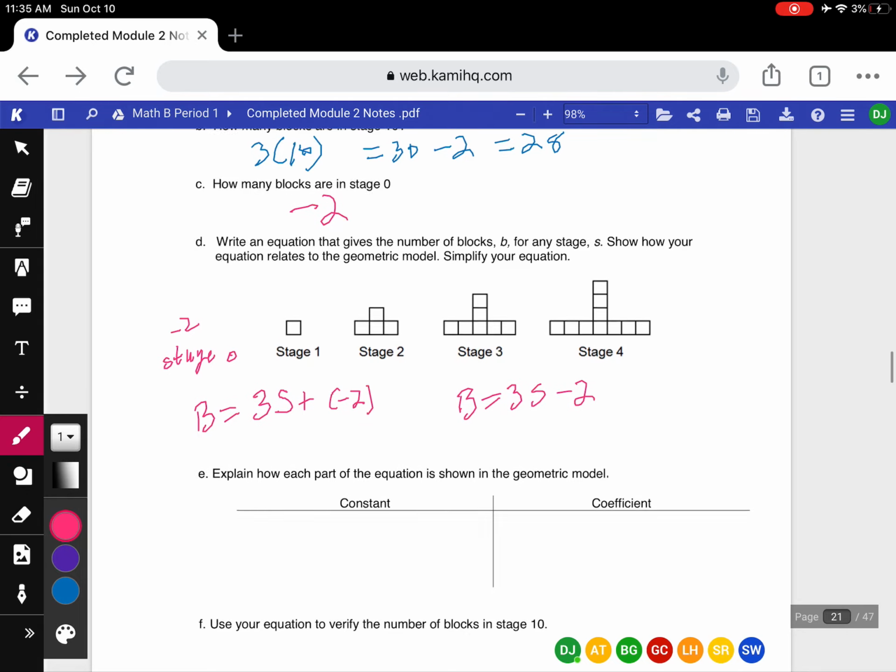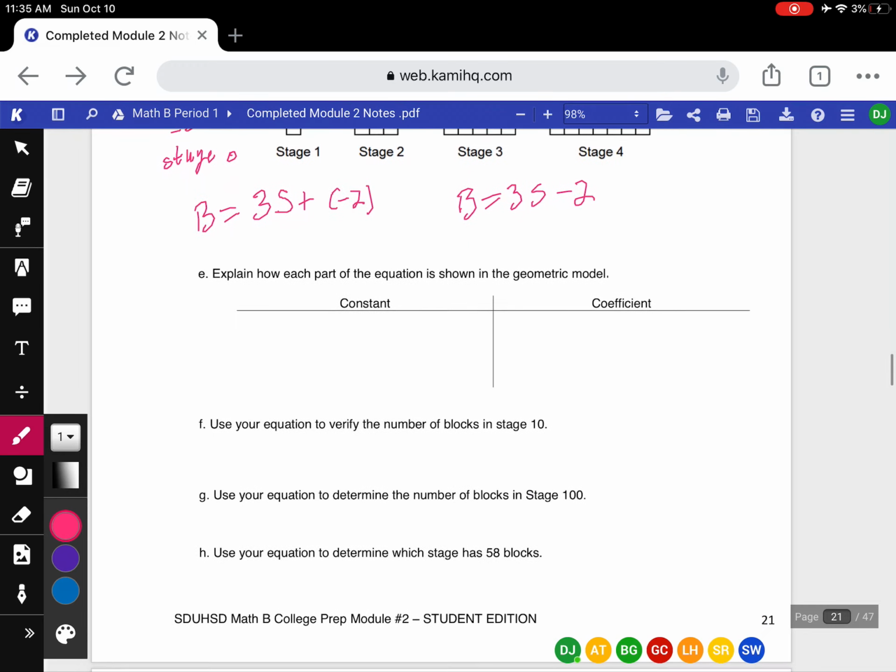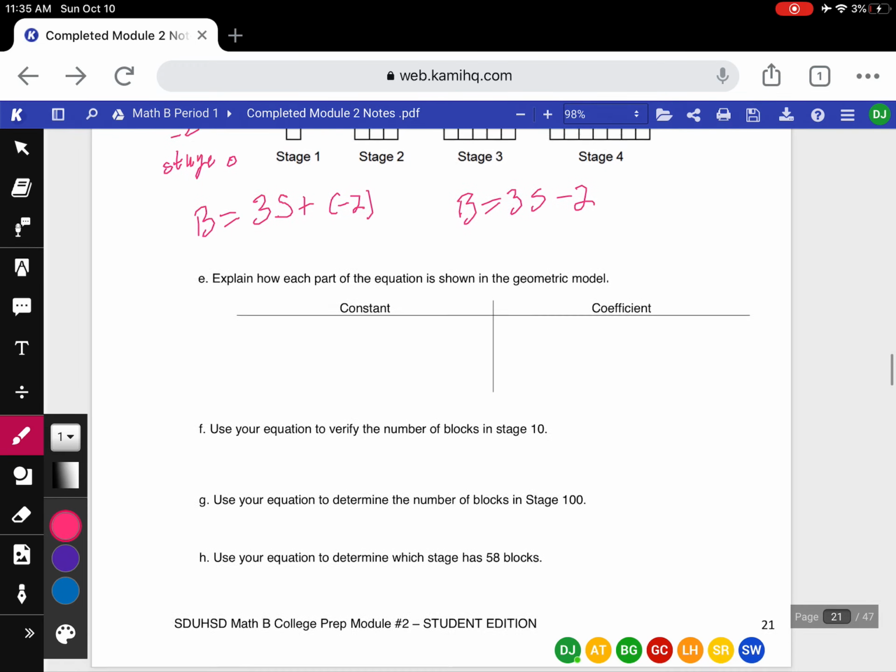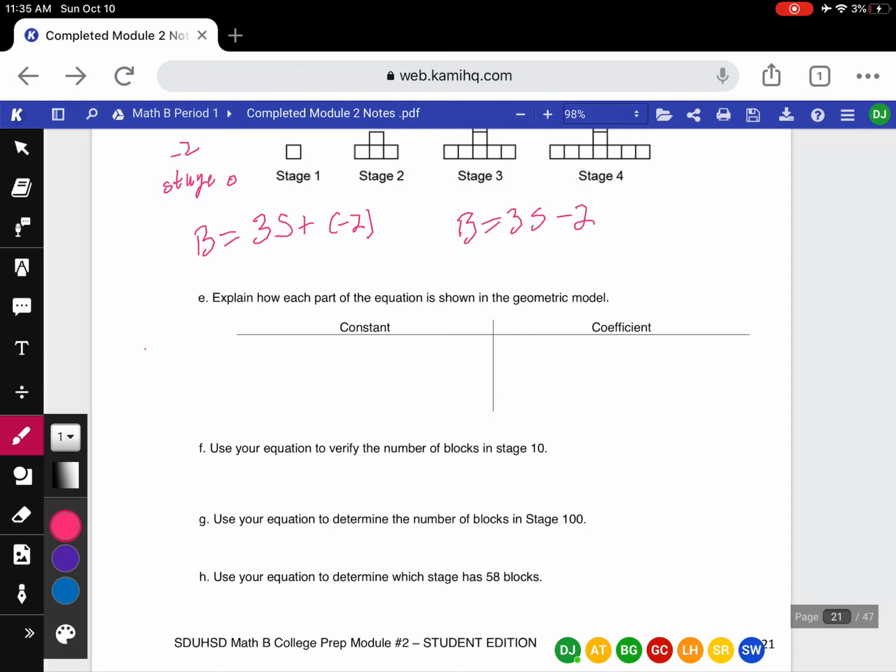Now it says explain how each part of the equation is shown in the geometric model. Well, your constant, once again, is the amount of blocks on stage 0. And your coefficient is your rate of change.